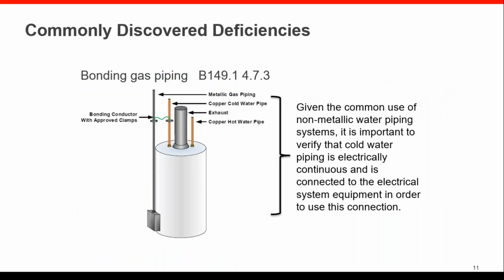So what I'm going to show you now is just one example of how you can accomplish the bonding, and it's the use of the water piping system. So I would caution you that given the common use of non-metallic water piping systems, it's important to verify that the cold water piping is electrically continuous and is connected to an electrical system equipment in order to use this.